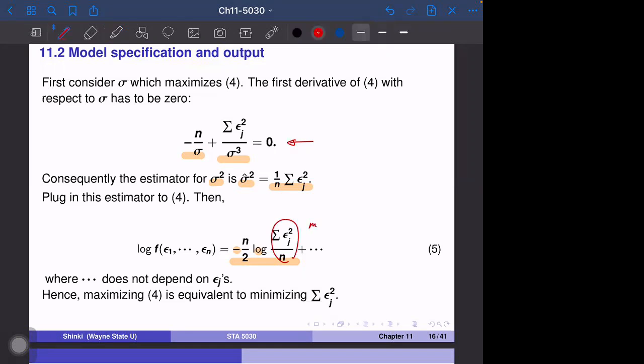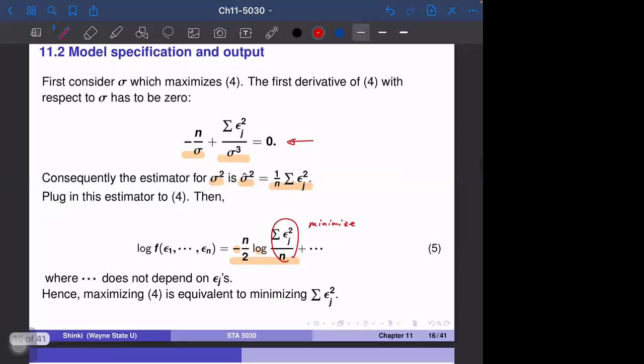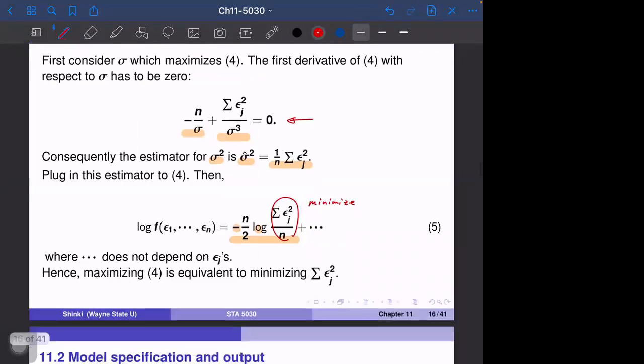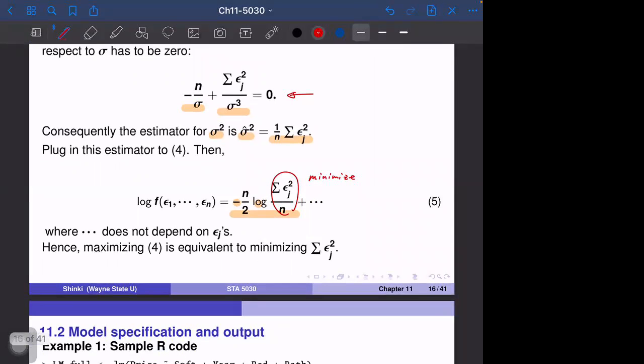Since n is already given, just the sample size, that means we minimize the sum of epsilon j squared. So minimizing the sum of squares of the errors is equivalent to maximizing the likelihood function. That means that if epsilon j follows a normal distribution with mean zero and variance sigma squared, then the MLE is equivalent to the least squares estimator.